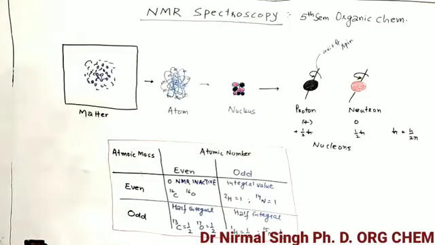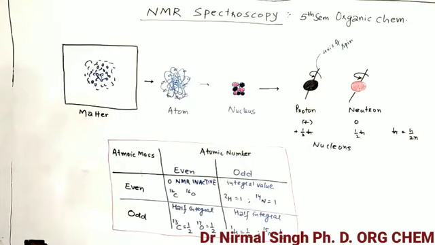The net spin of the nucleus is equal to the sum total of the spin of the nucleons after pairing them up. That is your total net spin value, and it can be 0, half integral, or integral.